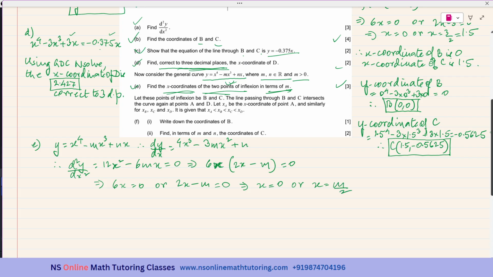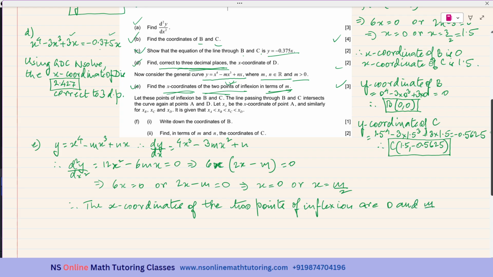Okay. So therefore, the x coordinates of the 2 points of inflection are 0 and m over 2.